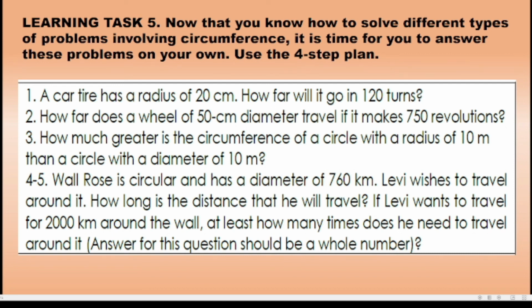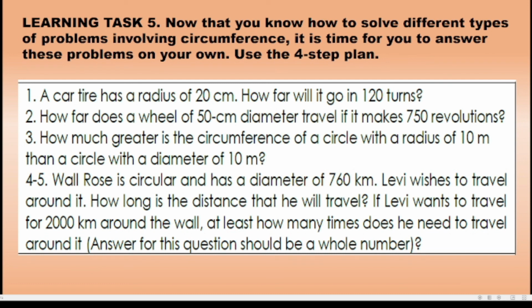3, how much greater is the circumference of a circle with a radius of 10 meters than a circle with a diameter of 10 meters? And 4 and 5, Wall Rose is circular and has a diameter of 760 kilometers.